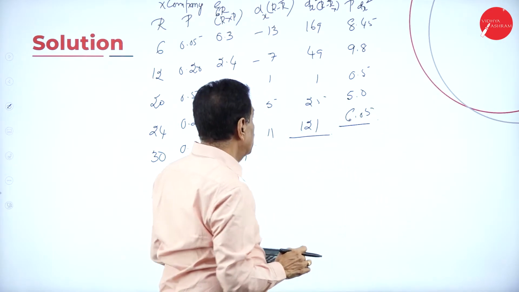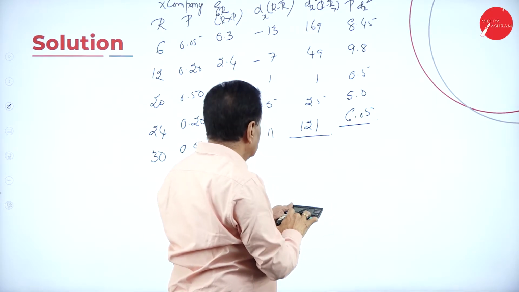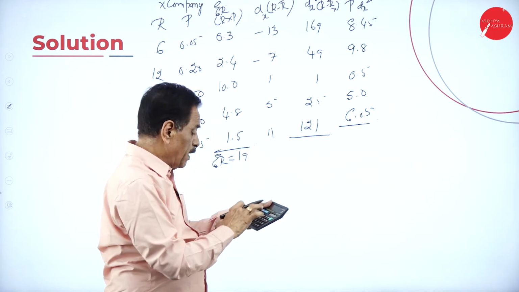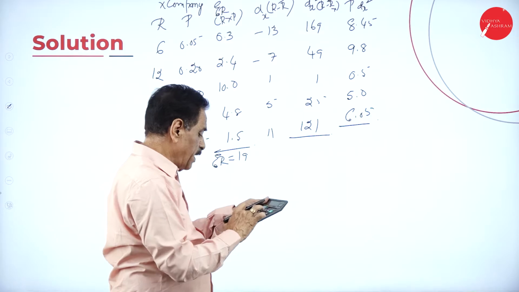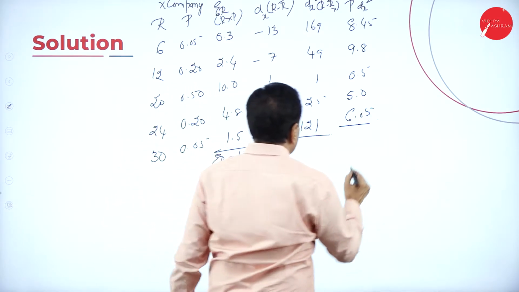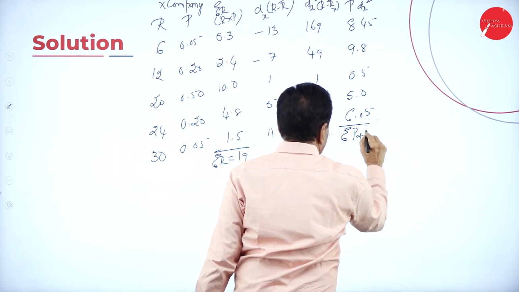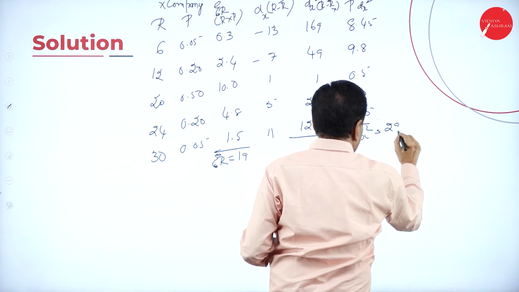So add the figures: 6.05 plus 5 plus 0.5 plus 9.8 plus 8.45. Sigma pdx square is 29.8.